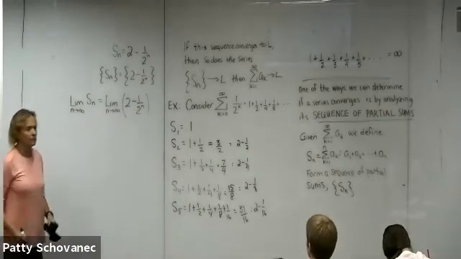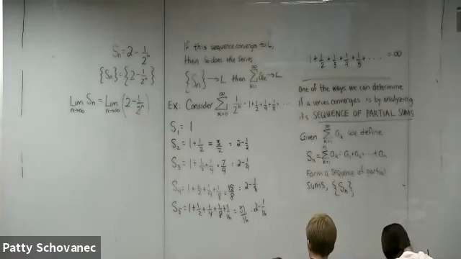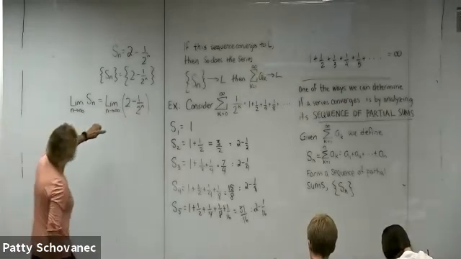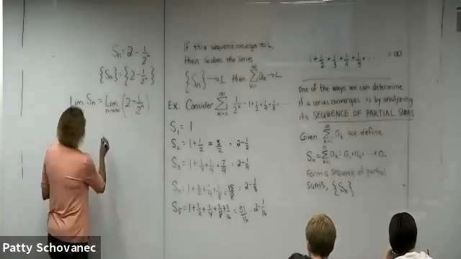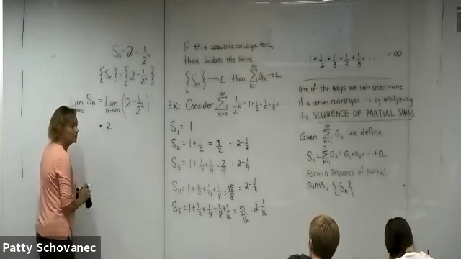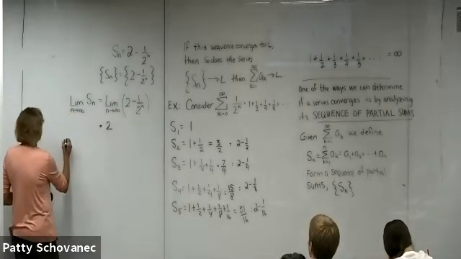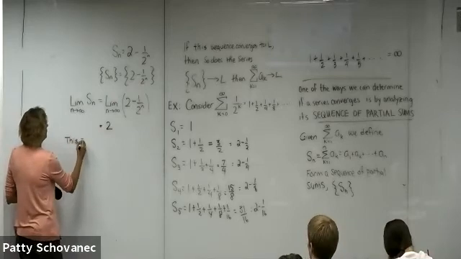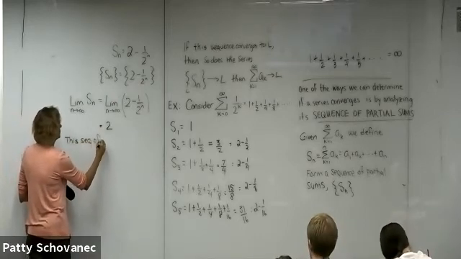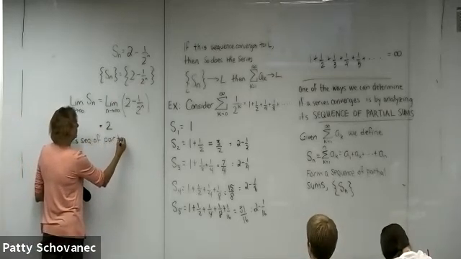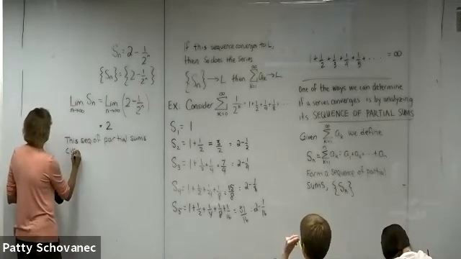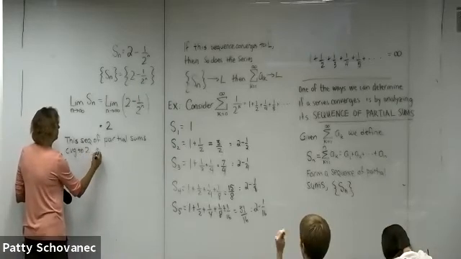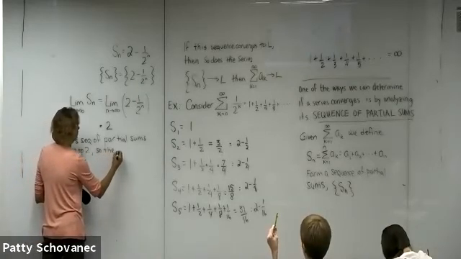So what do you get when you take the limit as n goes to infinity? 2 to the n is going to go to infinity. Going to divide that into 1, so this fraction goes to 0, and so that limit is equal to 2. So our conclusion is this sequence, partial sums, converge to 2. So the series also converges to 2.